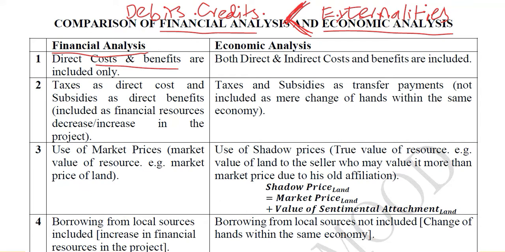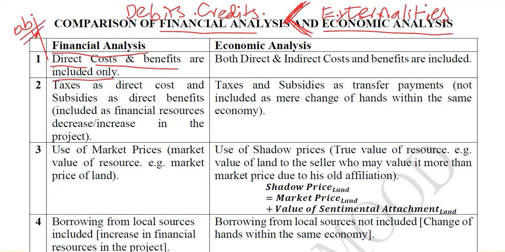And that is why only the direct benefits and the direct costs are included, because these are the costs and benefits that are directly related with the objectives of the project.